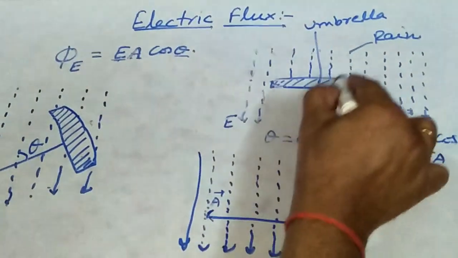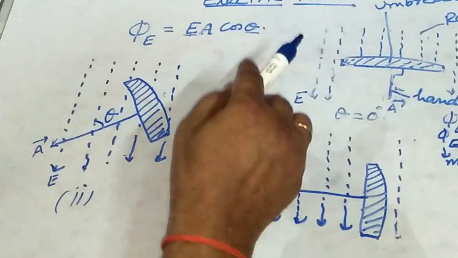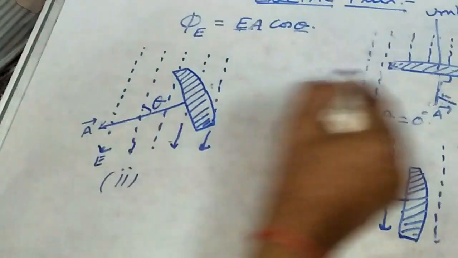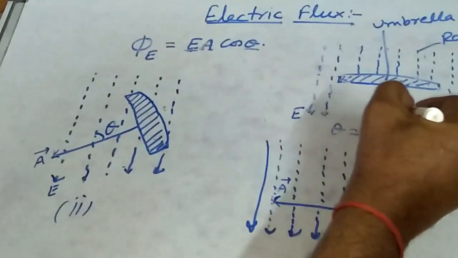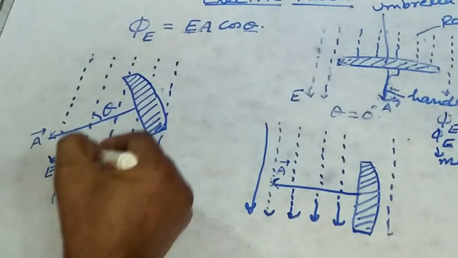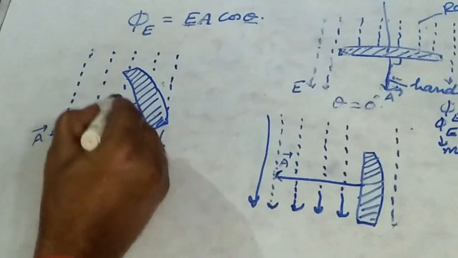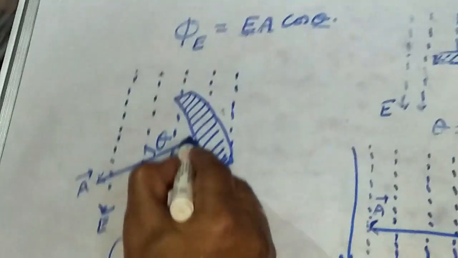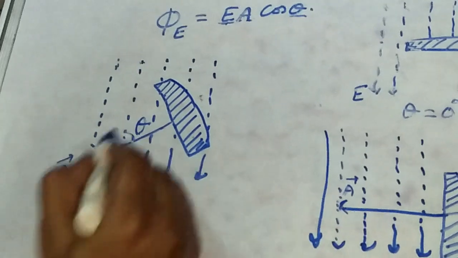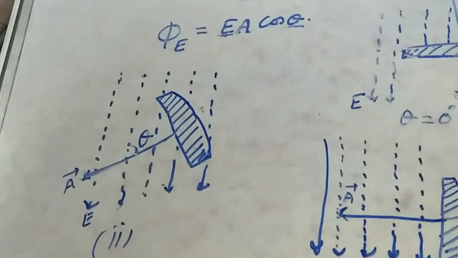Second case here, suppose this umbrella is tilted a little like this, so in this case its axis of the area vector will come like this. The raindrop, which acts as the electric field, remains the same, and now suppose the angle between this electric field and the axis of the area vector is theta, and now in this case you can say phi E is equal to EA cos theta.